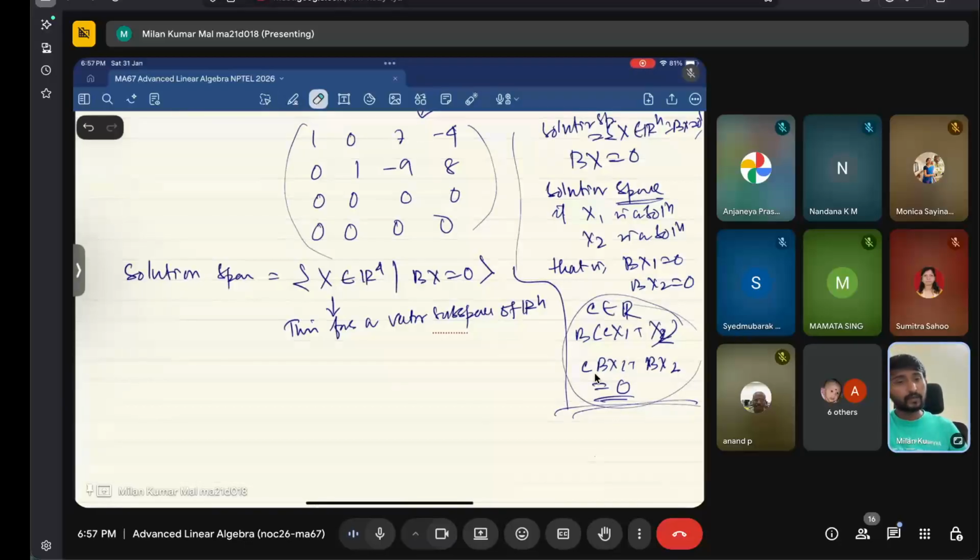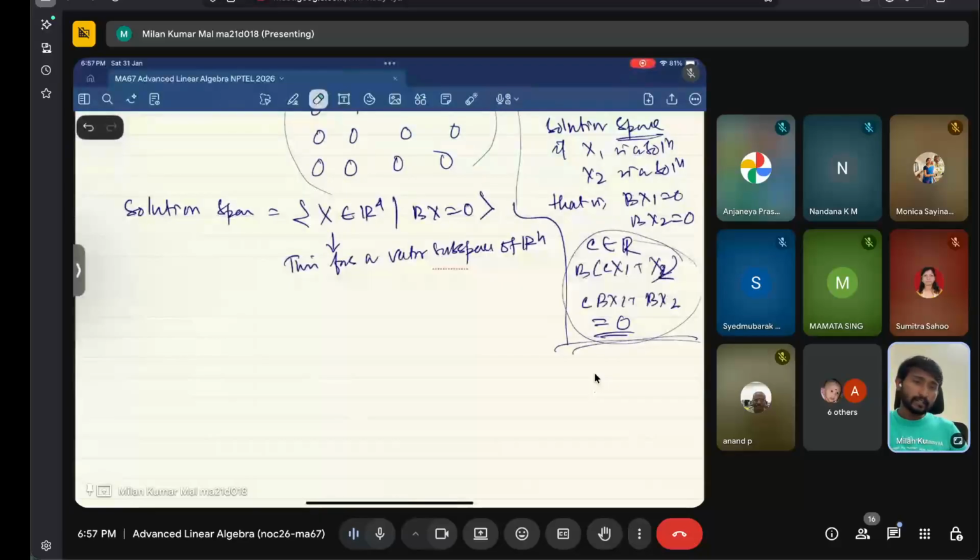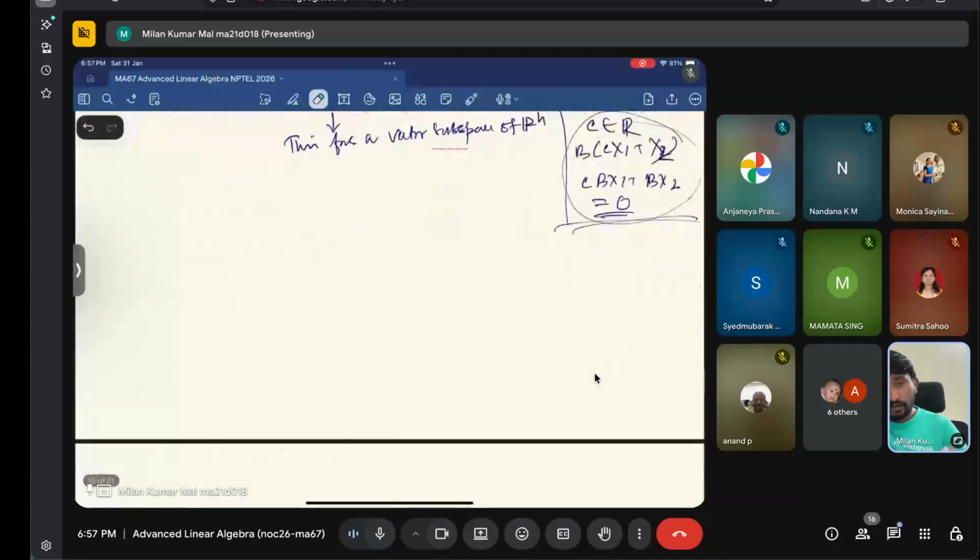As I have said, the row space after row reduction. Once again, recall one more theorem.